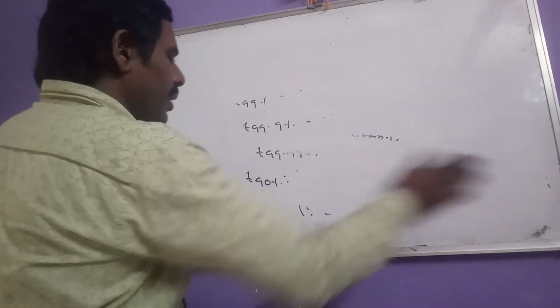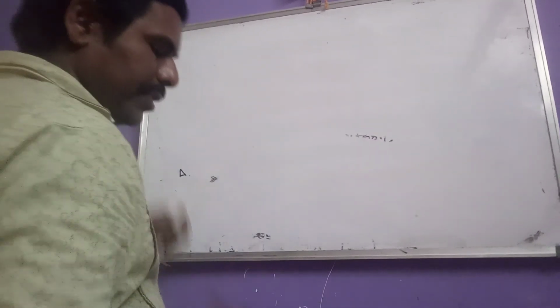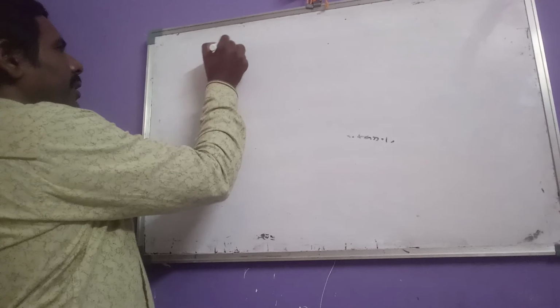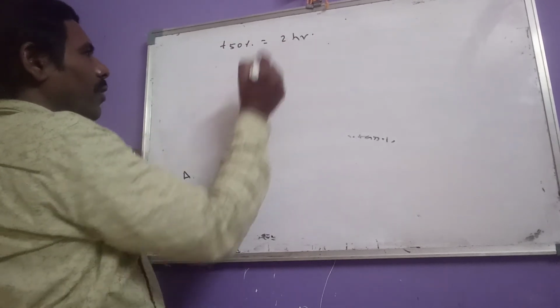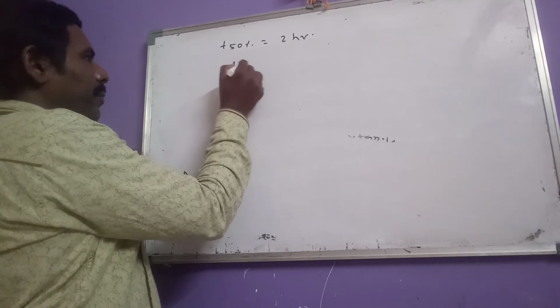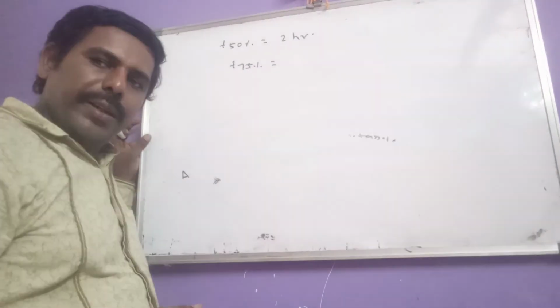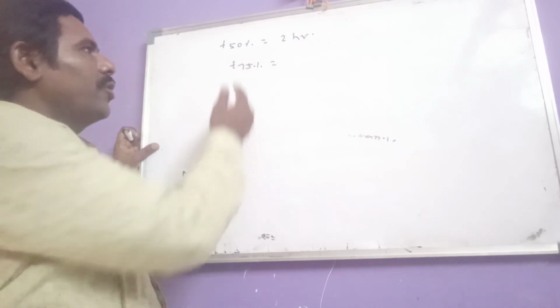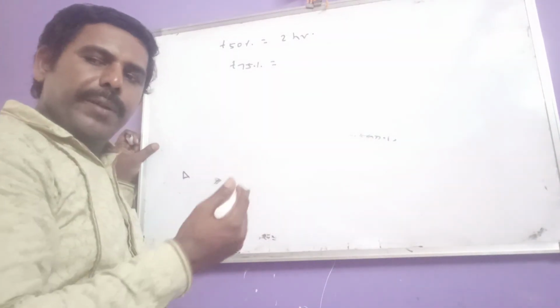The first question: the half-life period of a first order kinetics is 2 hours. What is the time required for the completion of 75% of the reaction? What is the relation between T 75% and T 50%?